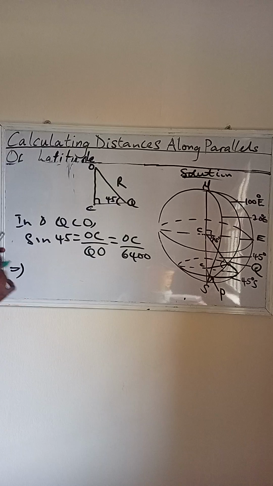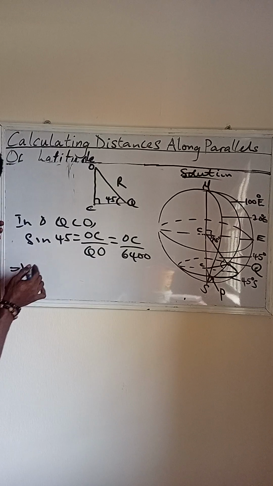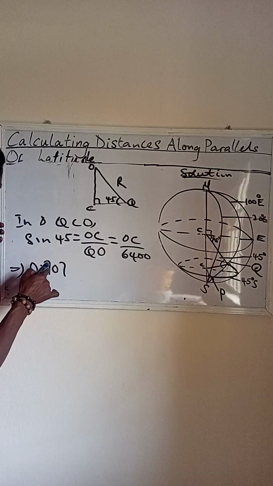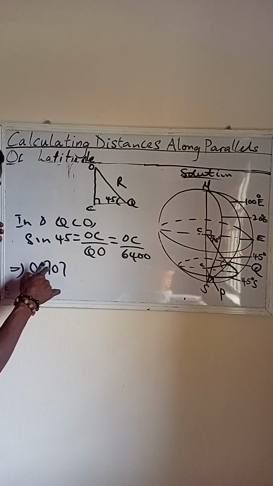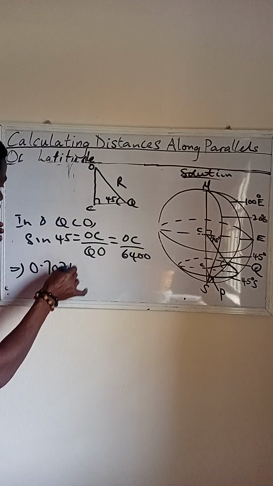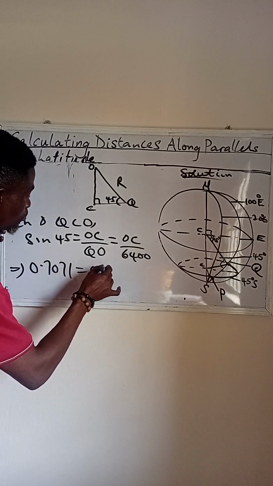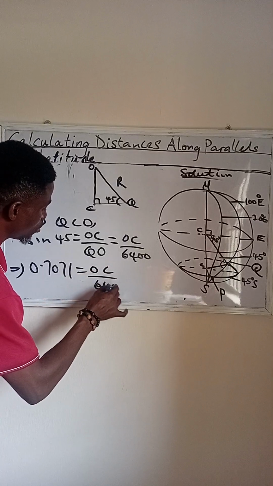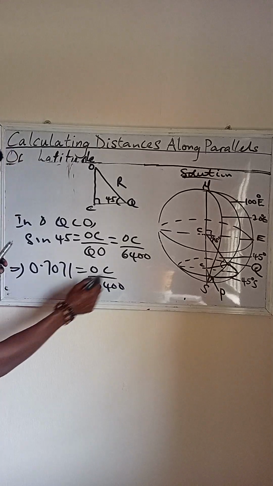Then what is sine 45? Sine 45 is 0.7071, equal to OC divided by 6,400.